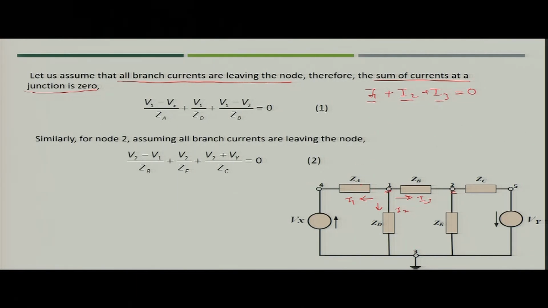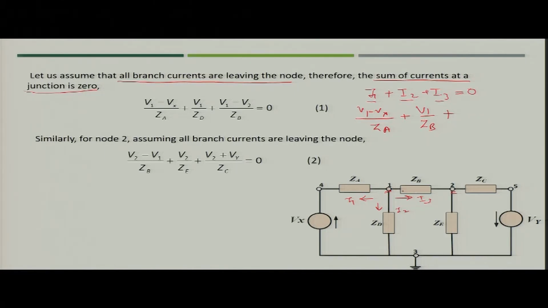So, for I1 you can write V1 minus Vx divided by ZA, plus for I2, I2 is simply the node voltage V1 divided by the impedance connected between node 1 and the reference node, plus current I3.